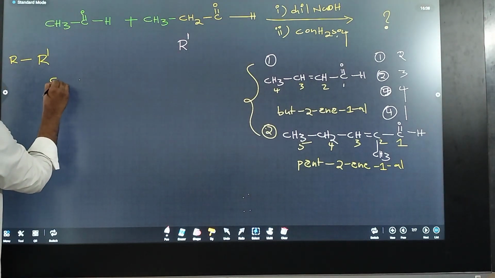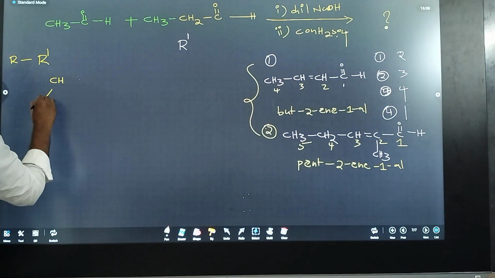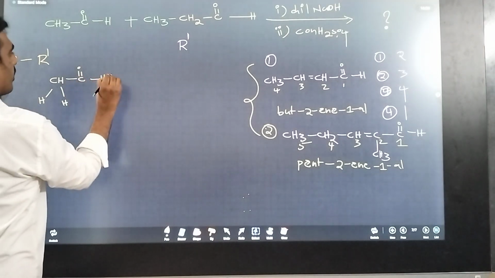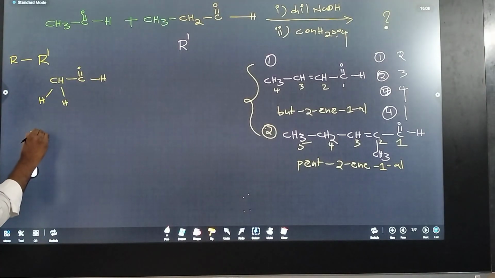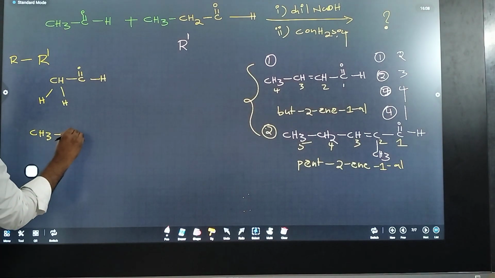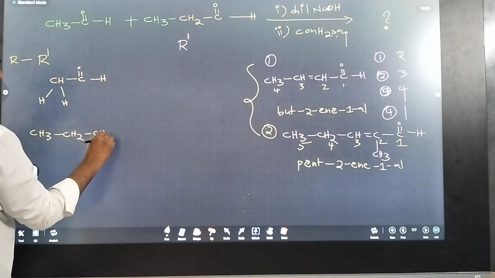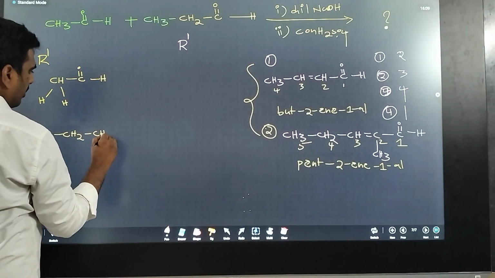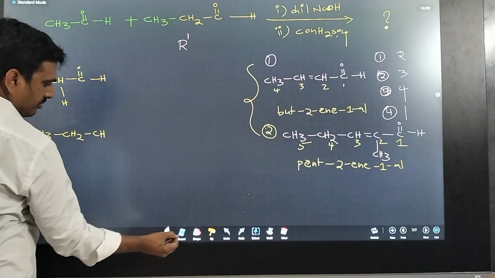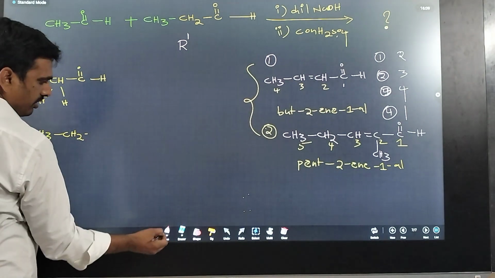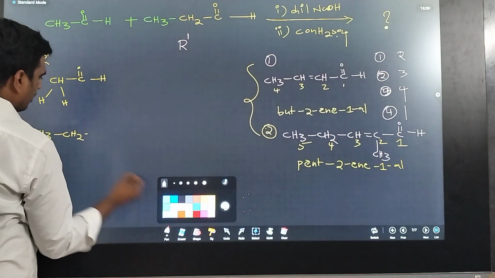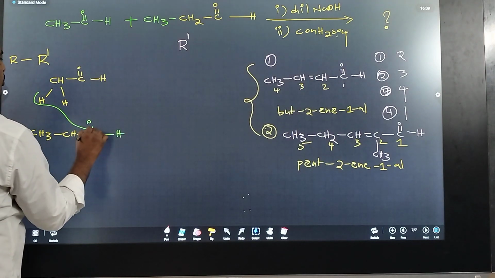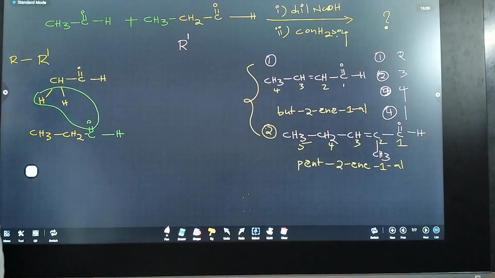So I can write CH3 CHO, then CH3 CH2 CH, C double bond O H. This is a propanaldehyde. Here, the water molecule is removed by the shortcut trick.